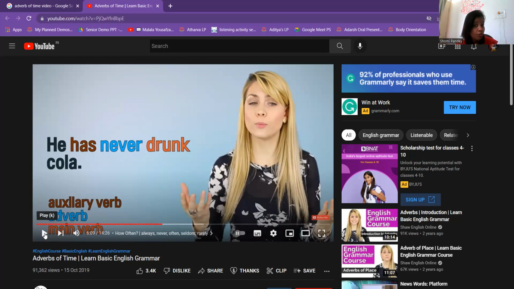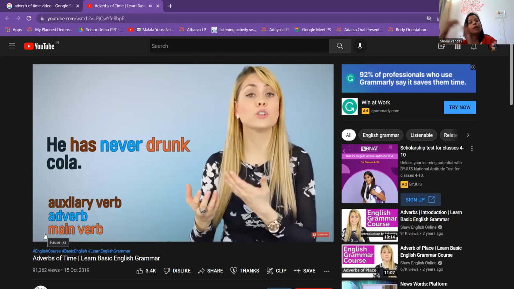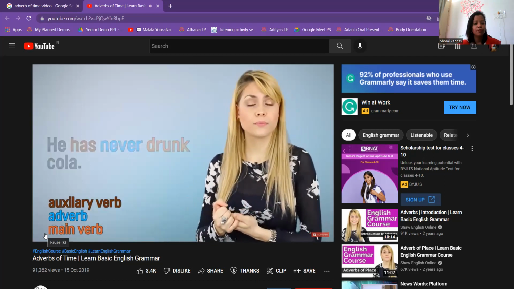The second thing to be remembered is the adverb of frequency can be placed between the main verb and the auxiliary verb. So auxiliary verb, I mean to say has, have, had, okay? And after, the placement has to be something like the subject, then the auxiliary verb, then the adverb, then the main verb, and then you have the object.